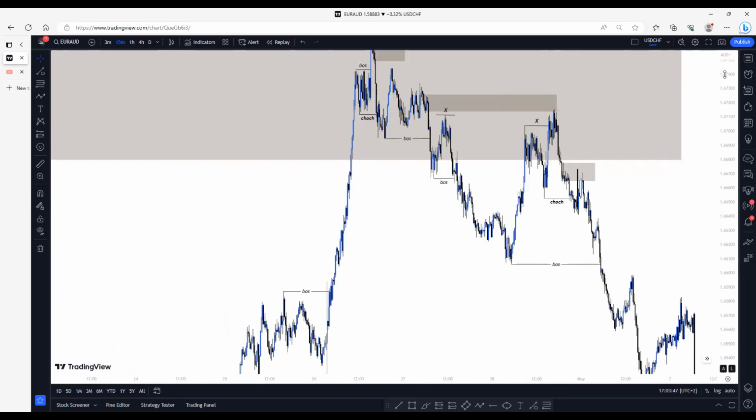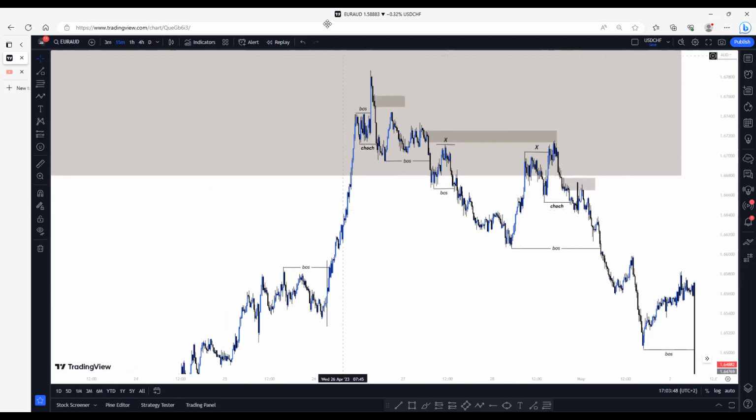Okay, so remember what I said, the question is, do you want to take the entry, the setup, there when the price just changed, or do you want to wait until the change of character, somewhere here, or do you want to wait for that big pullback and take it?